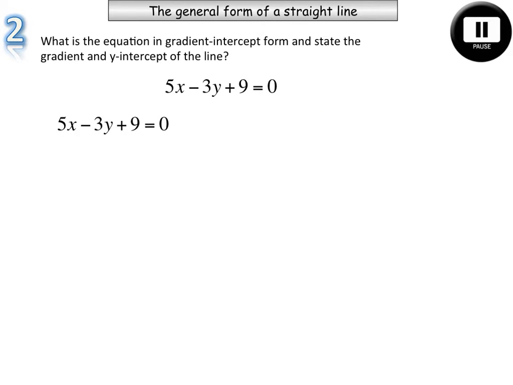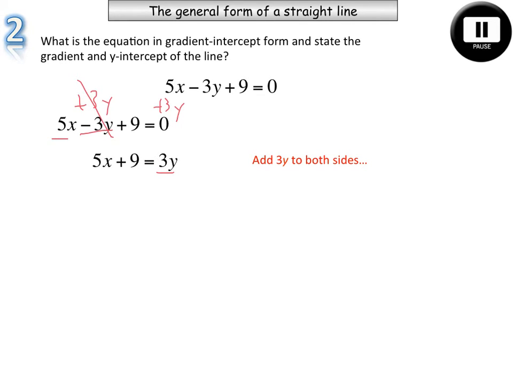Okay, so step 1, write the equation. Next step is we want to isolate or have the y term all by itself. So if I add 3y to this side, I need to add 3y here. 0 plus 3y is 3y. They will be eliminated.